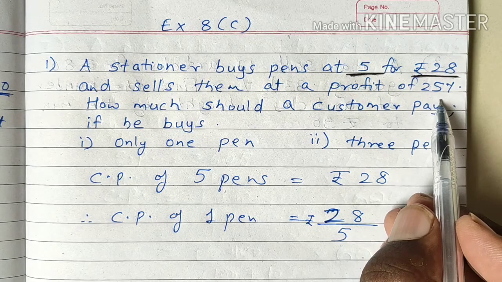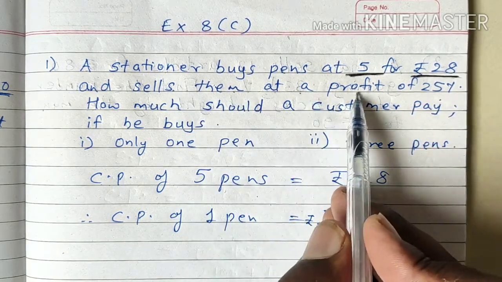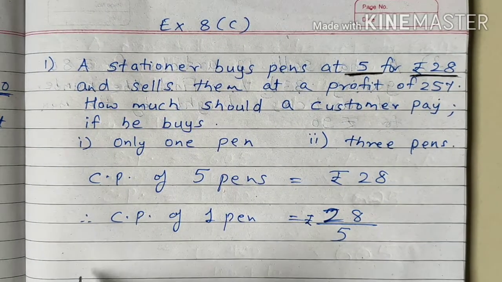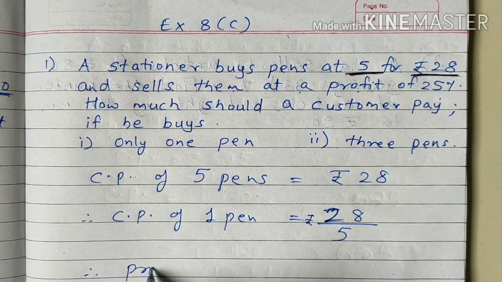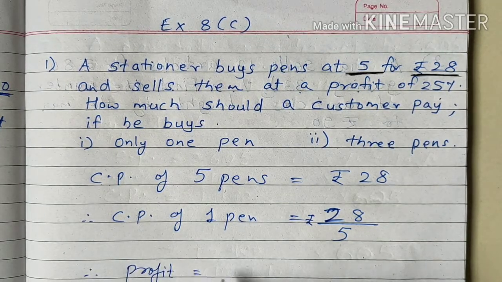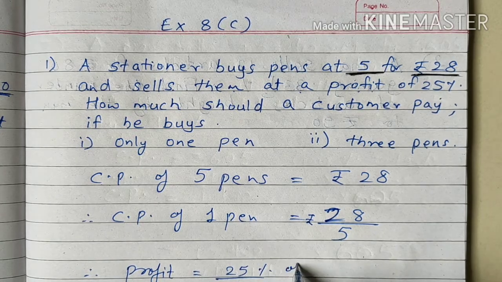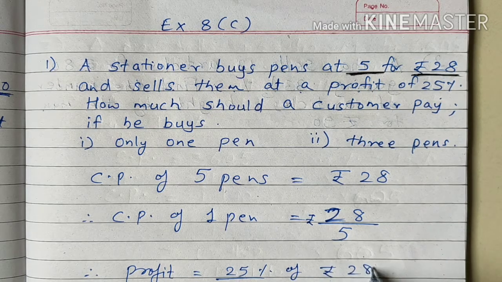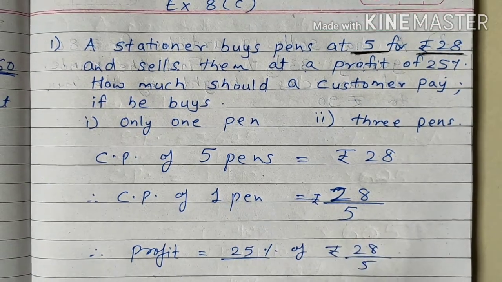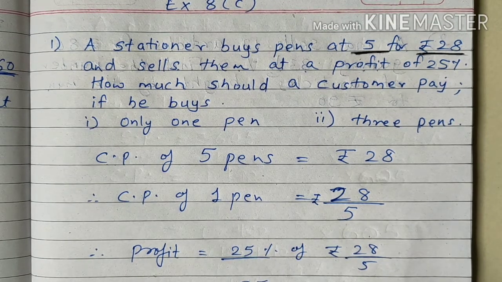Then what are they saying? Sells them at a profit of 25%. So therefore profit will be 25% of cost price, 28 upon 5. So it becomes 25 upon 100 multiplied by 28 upon 5.